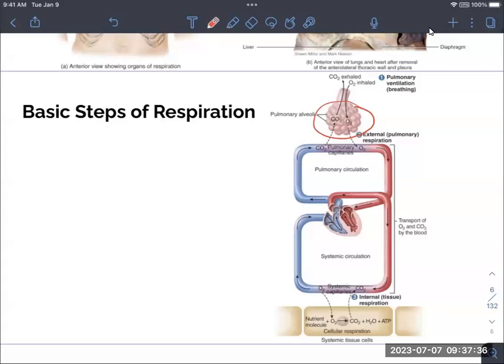The right side of the heart sends that blood into pulmonary capillaries, where the capillaries have those really thin walls where gas exchange is occurring. Then that blood goes back to the heart before it leaves to go out into the rest of the body.